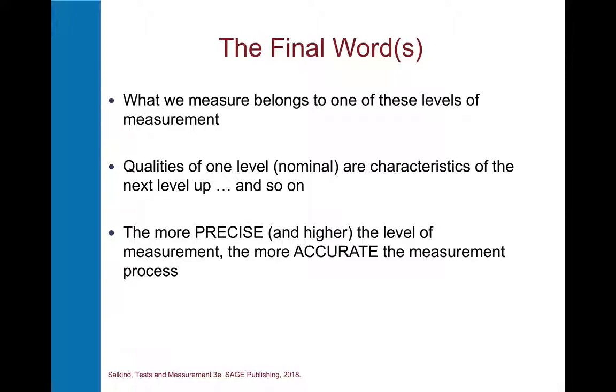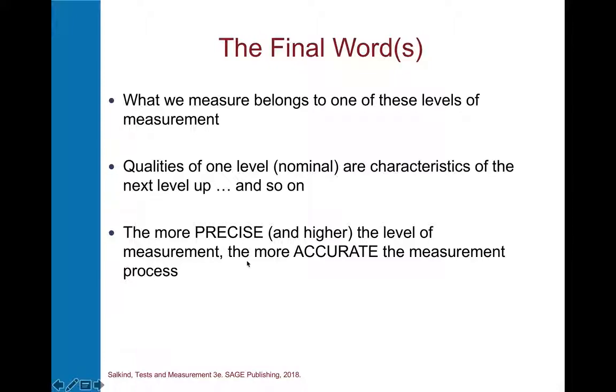Likewise, variables measured at the interval level contain the qualities of variables measured at both the nominal and ordinal levels. So the higher up you go, the more information that you have. You don't really lose anything other than the effort of trying to collect that amount of precision in your data.